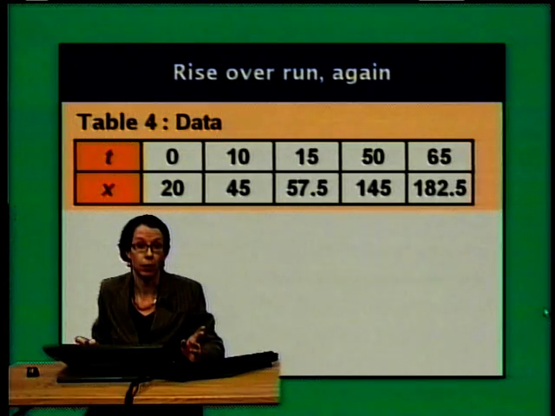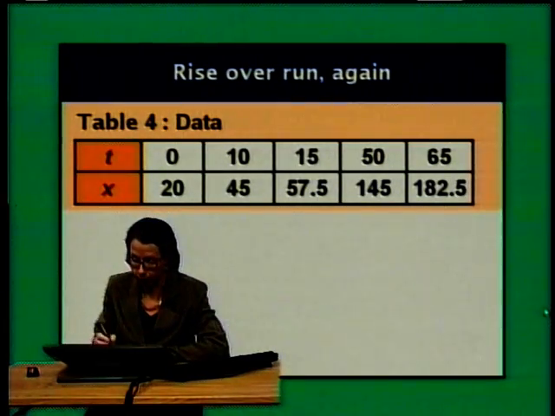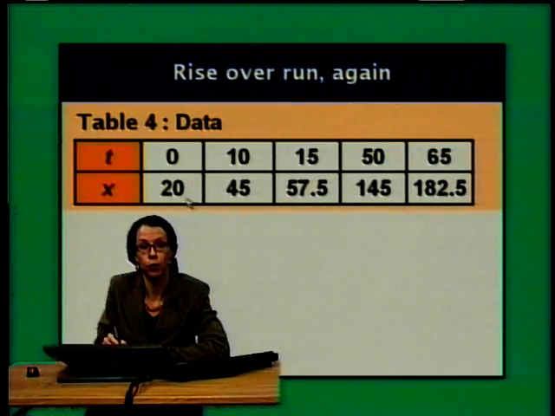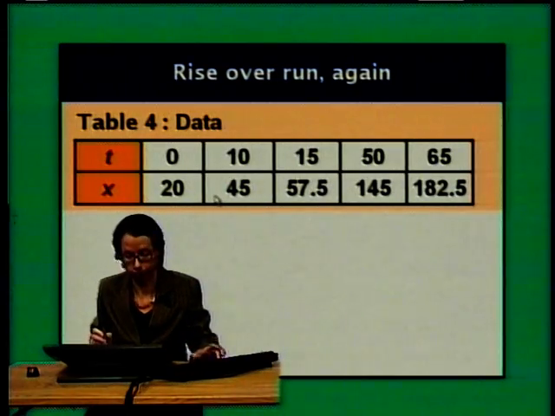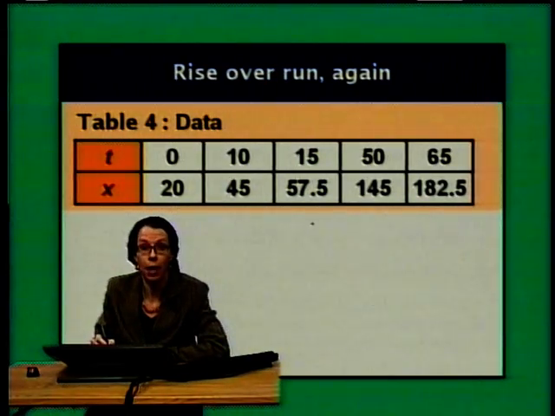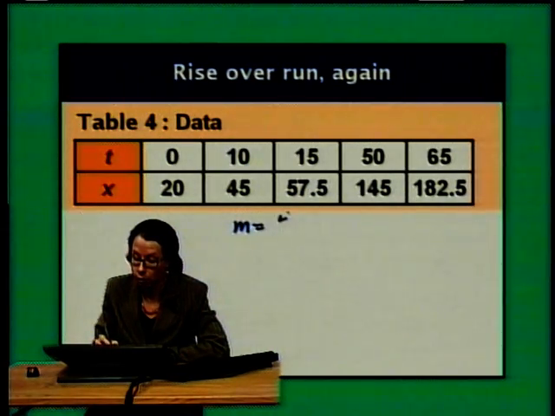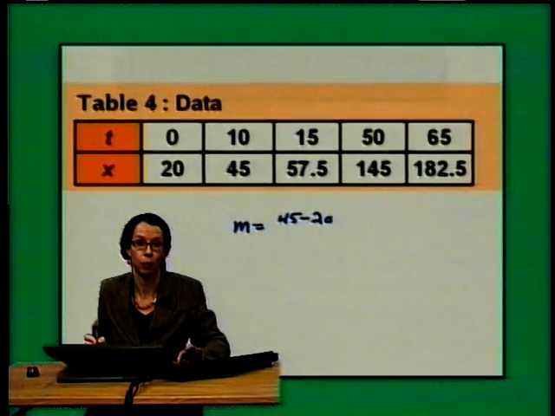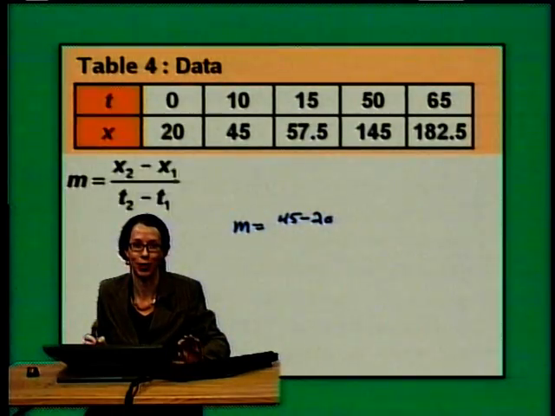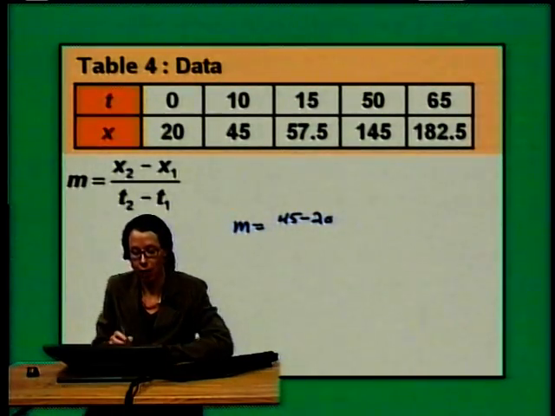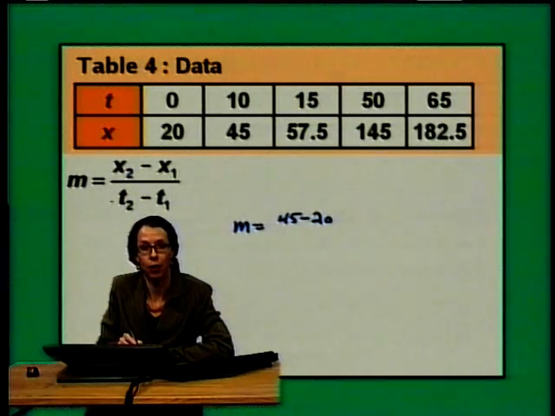So let's do a calculation of rise over run. I'm going to work with the first 2 points in my table. If I calculate the slope, I get 45 minus 20. And let me just remind you what slope formula I'm using here. In this case, I'm looking at the change in the x values over the change in the t values.